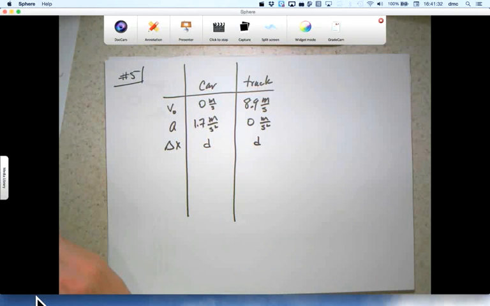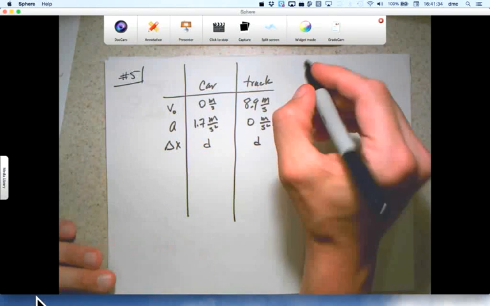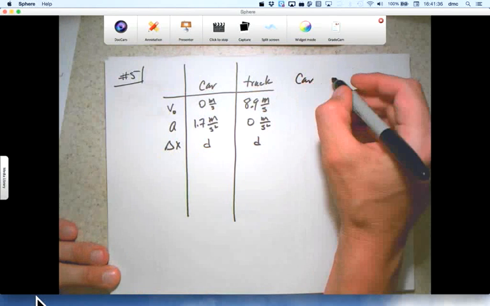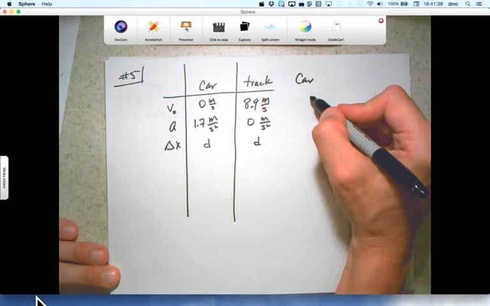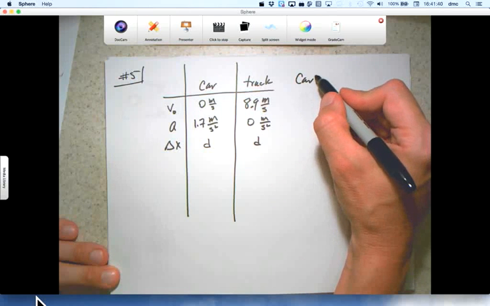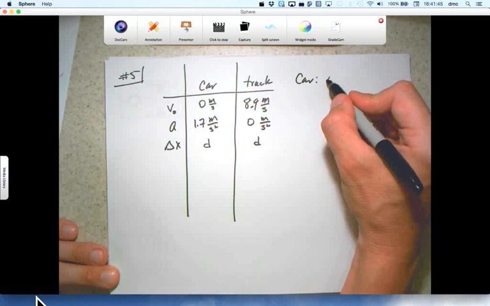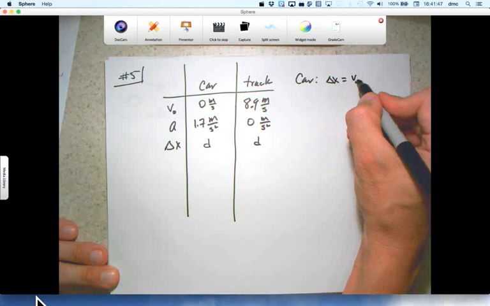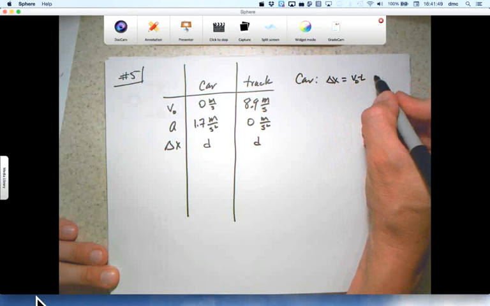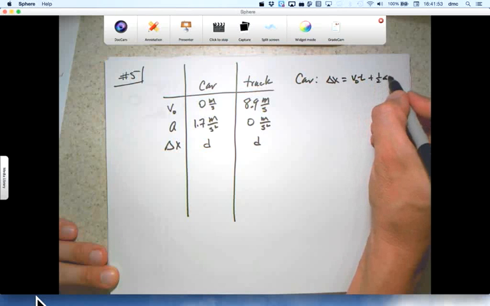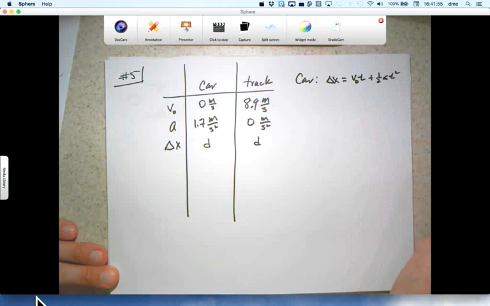All right, so let's see here. For the car, since there is acceleration, well, we could use the same equation for both. Displacement equals initial velocity times time plus 1/2 acceleration times time squared.